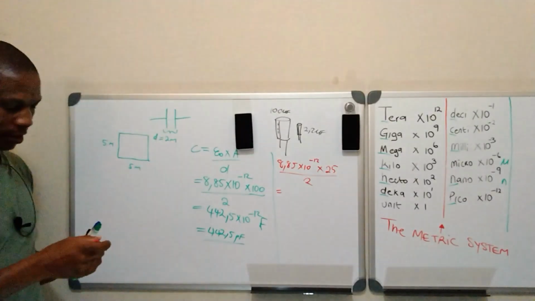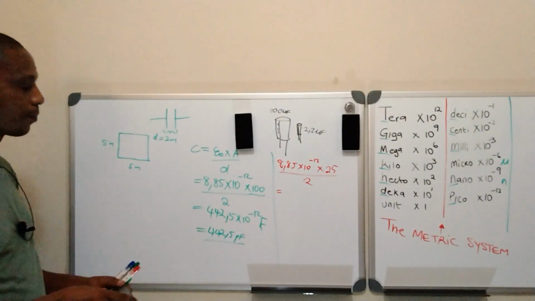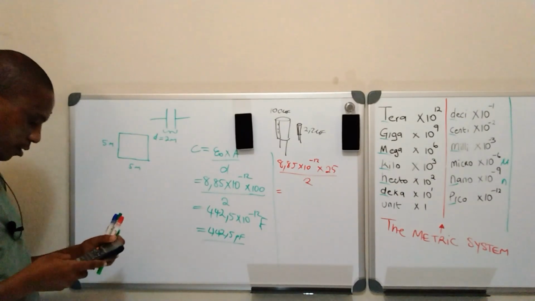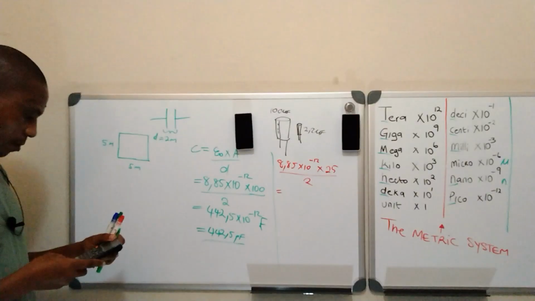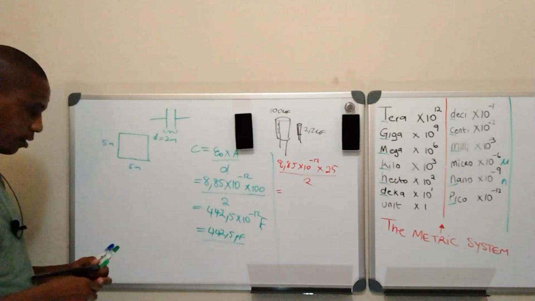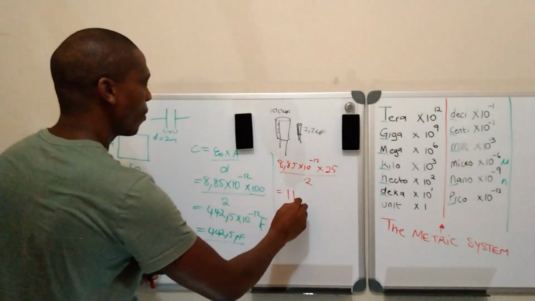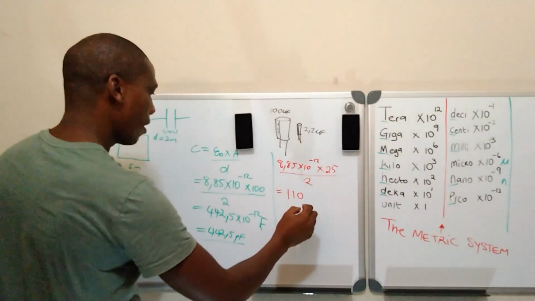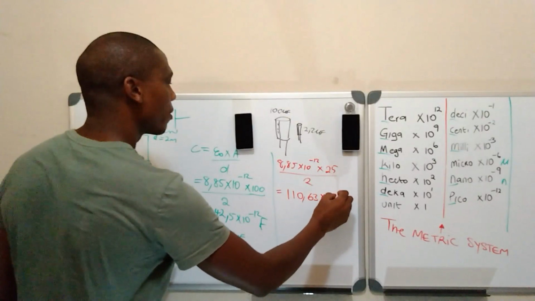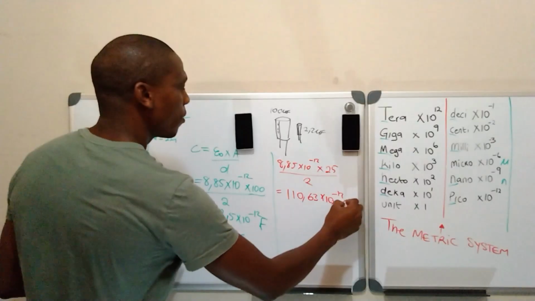Let me use my machine. 8.85 times 10 to the power minus 12, multiplied by 25, all divided by 2, and the answer is 110.63 times 10 to the power minus 12 farad.